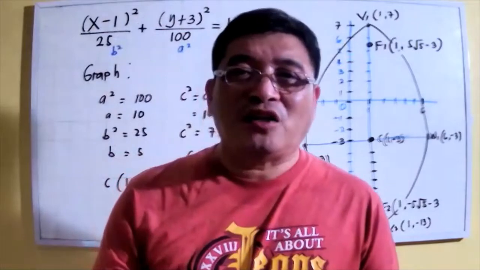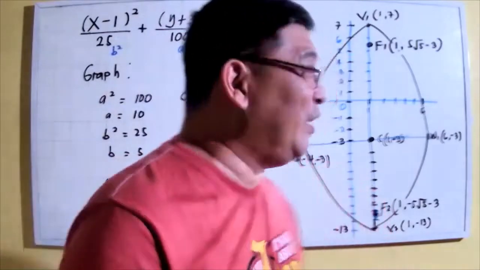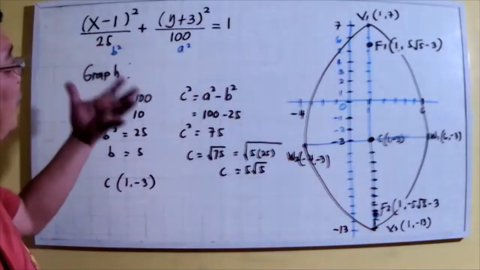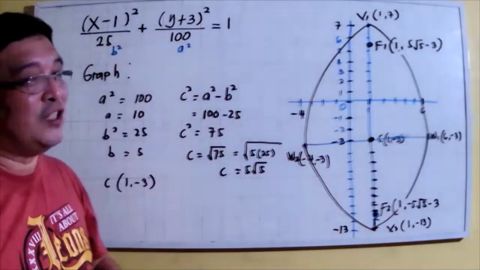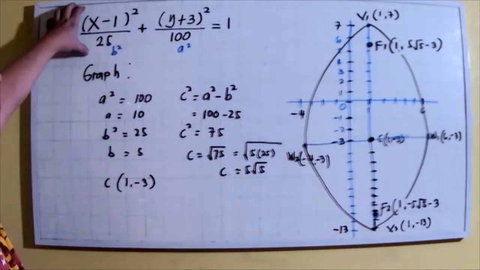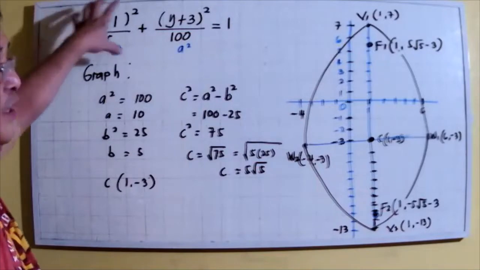What if we are asked to find the equation in general form if we have a given equation of an ellipse in standard form? So paano gagawin natin? Kasi yung given natin is equation of an ellipse in standard form. Paano kung gagawin natin itong equation in general form?